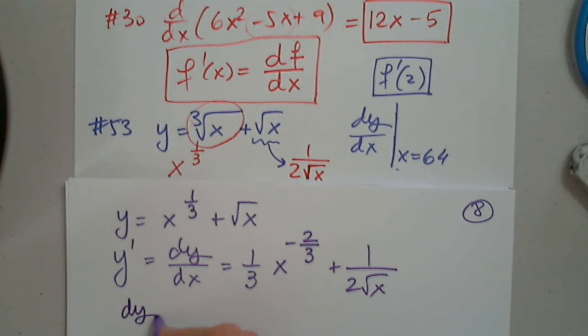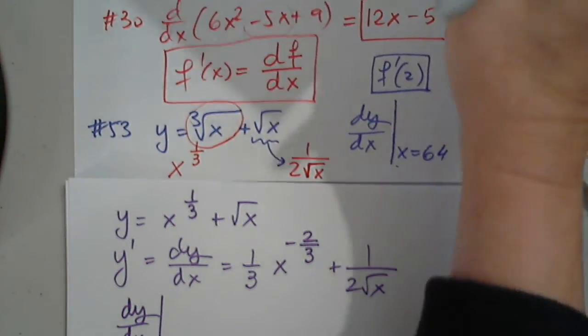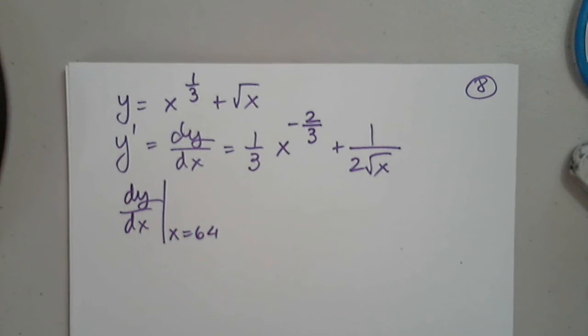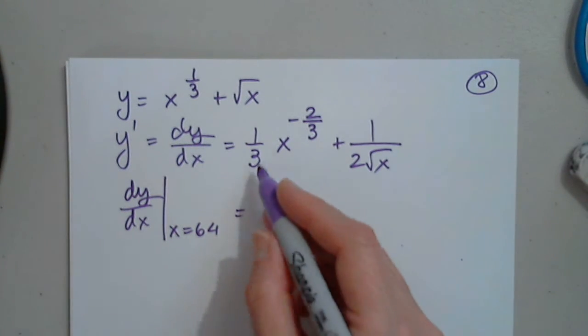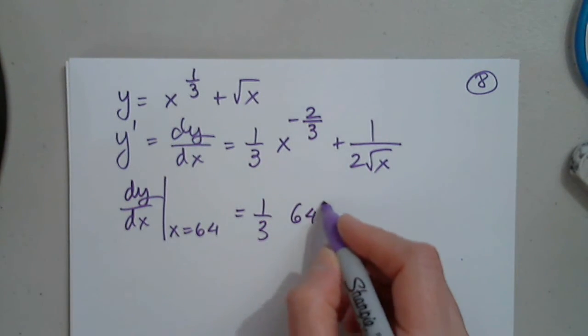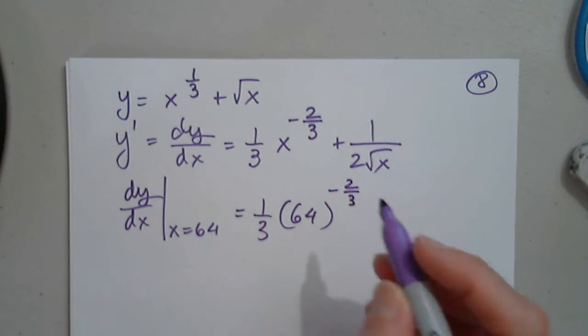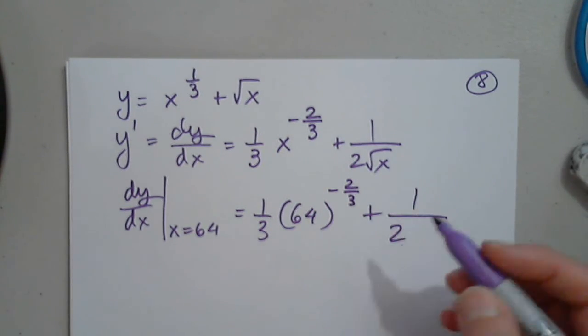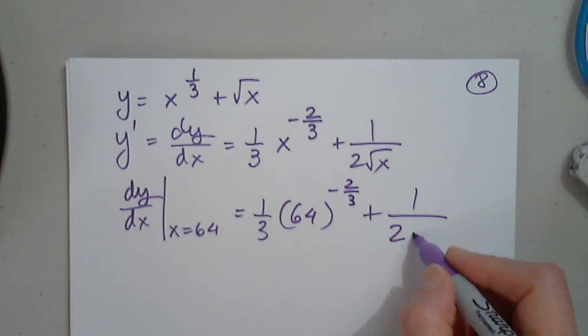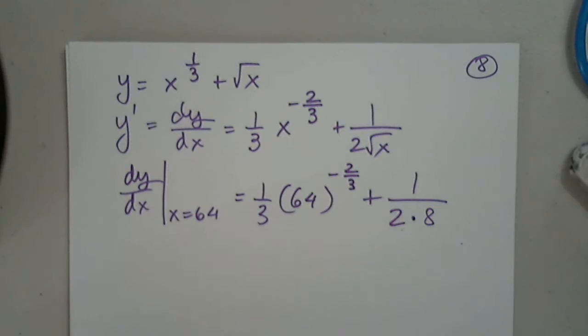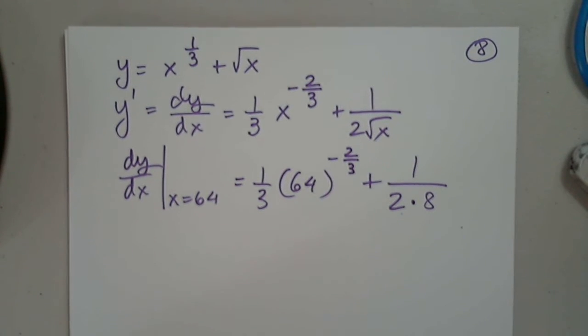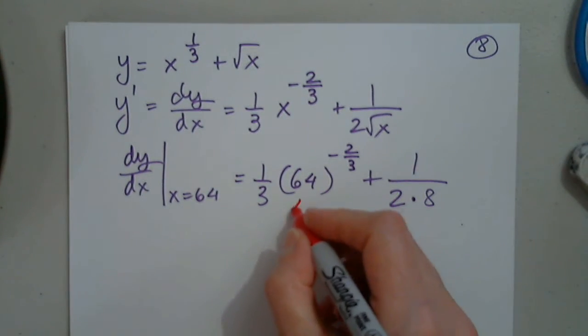Now we're asked to plug in 64 for x. So this will be 1/3, 64 to negative 2/3, plus 1 over 2, and I know the square root of 64 is 8, so I'm going to write times 8. Here you have two options.